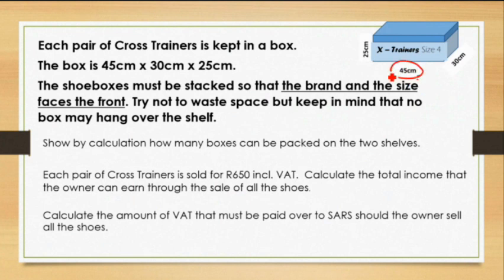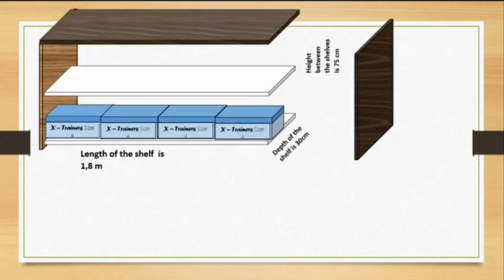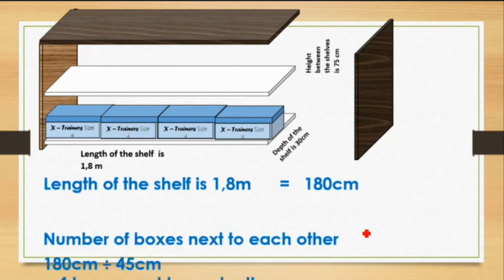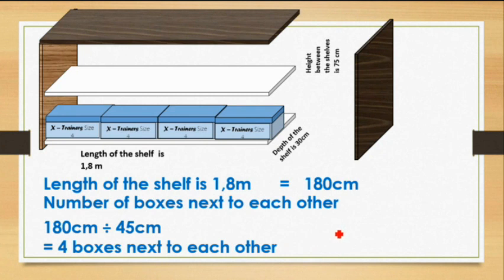So, length of the shelf against the length of the cross trainers. There we go. So we've stacked 4, just for you to imagine it, because it was actually 180 divided by the 45, which we got 4 boxes. So we now know that there is 4 boxes along the length.